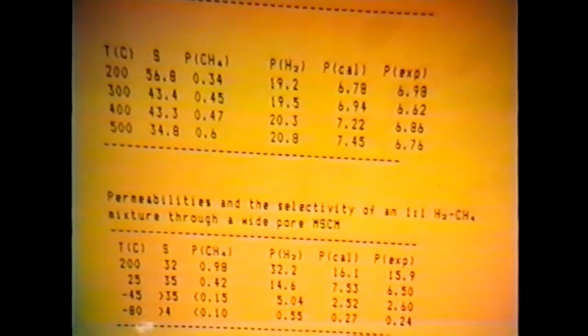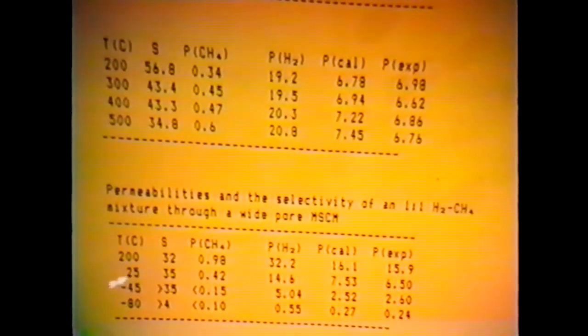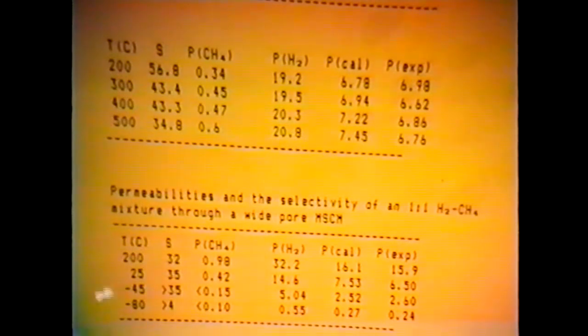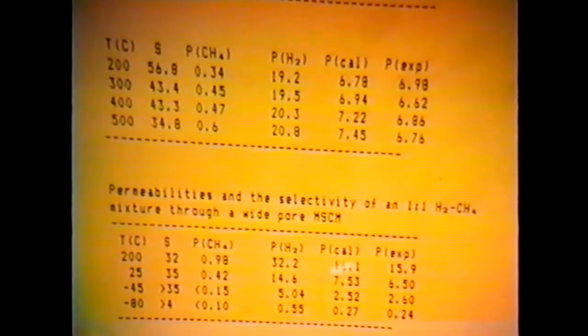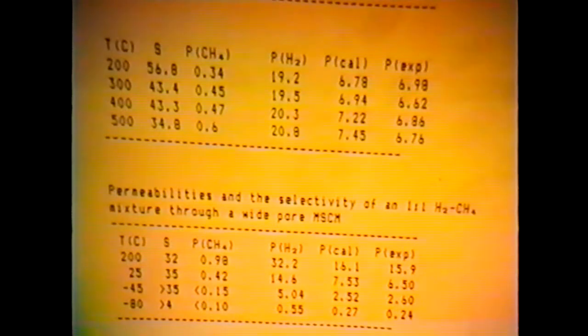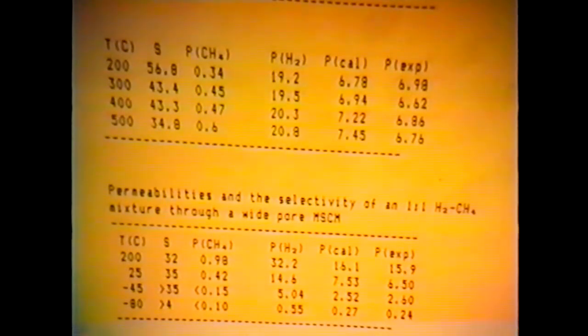And I even went down to -45, and at -45 methane is adsorbing, even at -80 methane is adsorbing, and there is no influence on the permeation of hydrogen. So it looks as if it's a good membrane for commercialization.